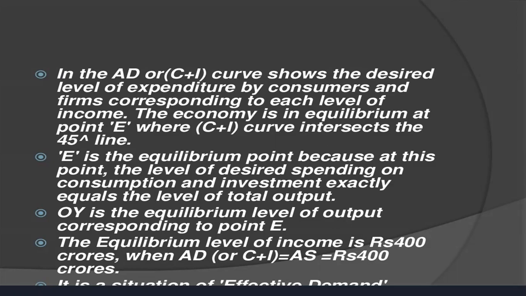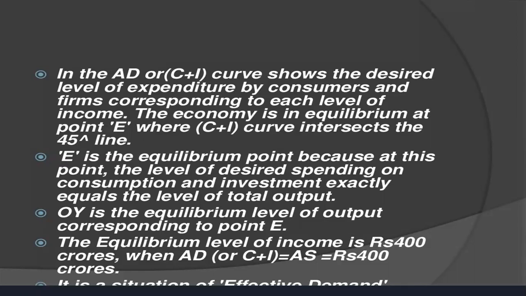Investment expenditure is denoted by I. It is assumed to be independent of the level of income; investment expenditure is autonomous. I said these again just to review what consumption expenditure and investment expenditure are. They are denoted by C plus I, and that is AD. So the AD curve is represented by C plus I in the income determination analysis.